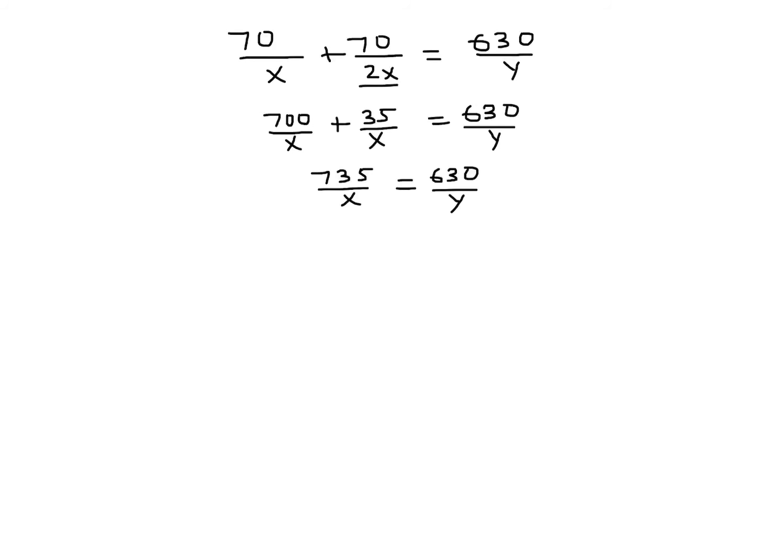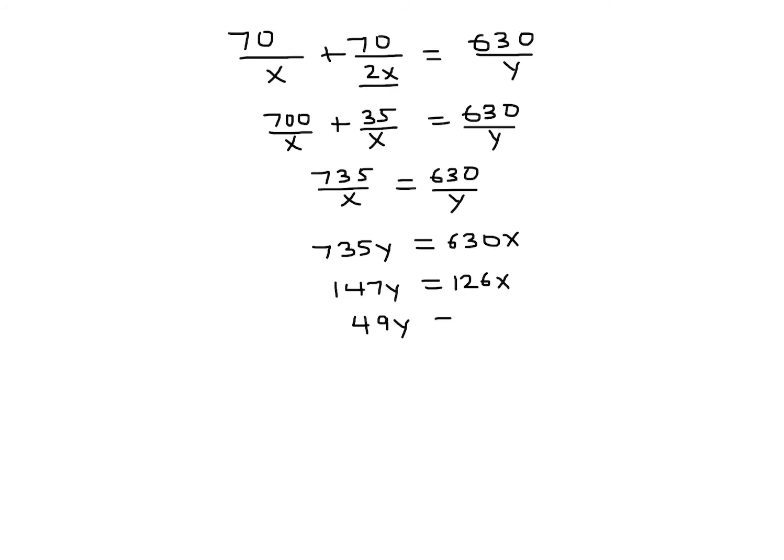And therefore 735y is equal to 630x. And let's see, this probably has, if you divide through by 5, 147y and 126x, divide through by 49, or divide through by 3, let's say.